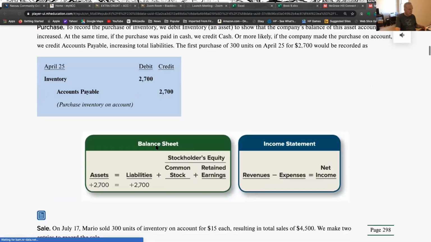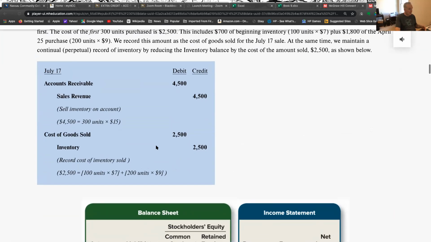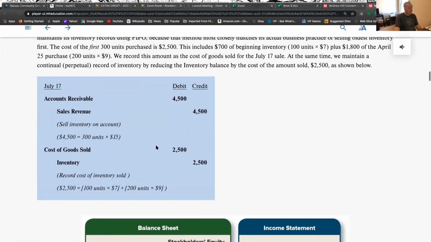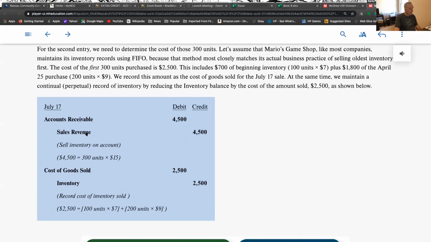So let's take a look at some of the journal entries that get made, and then we'll do a homework problem. We will do it ourselves. When you make a sale, this is an example here. I'm looking at sales on account, because I see accounts receivable.